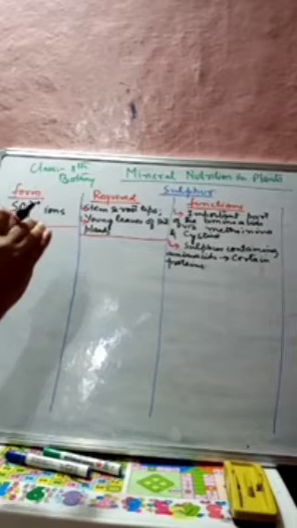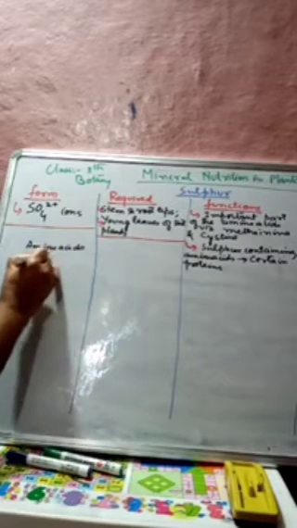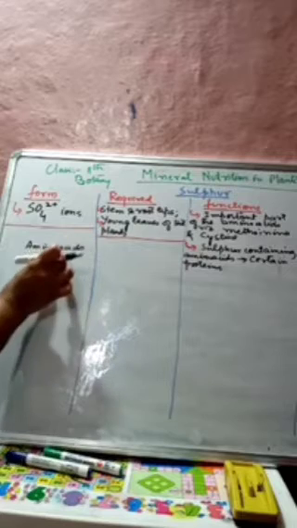See here. In order to understand this, what you have studied is that when amino acids combine together, they join and form proteins.